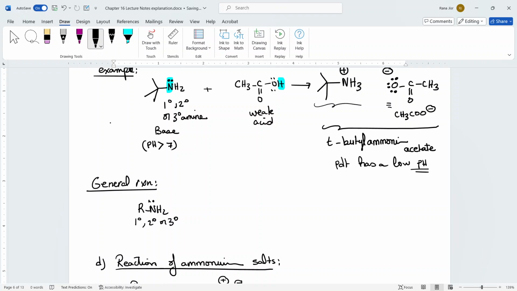So because they are bases, I am starting with a solution of a high pH. Okay, a high pH. This is why it is basic. So I'm going to react that with any acid. Any acid, I'm just going to represent it as H plus in there.